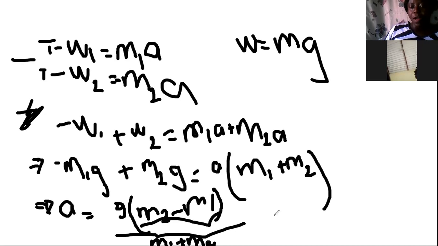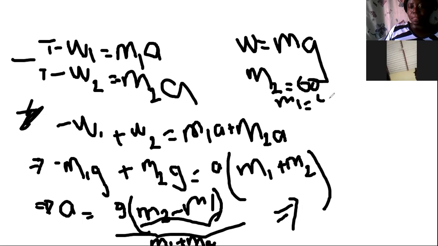So therefore, our acceleration, we know our values. They said our M2 is equal to 60. Our M1 is equal to 40.